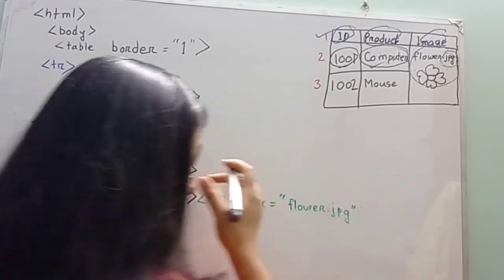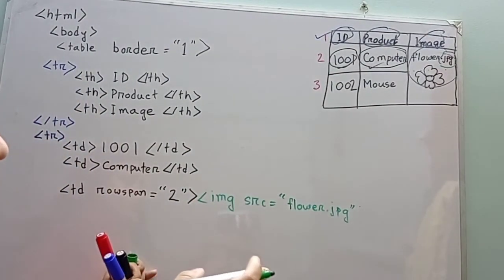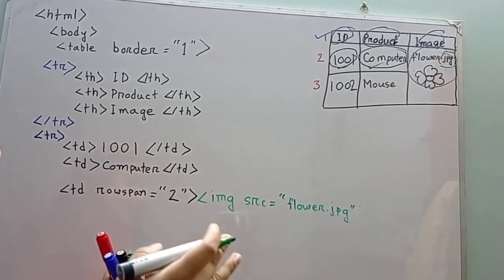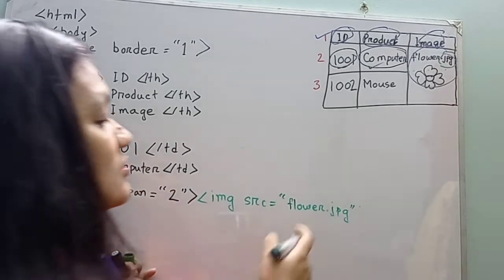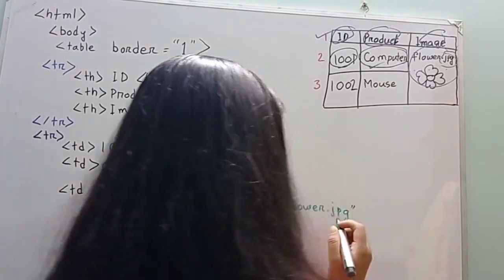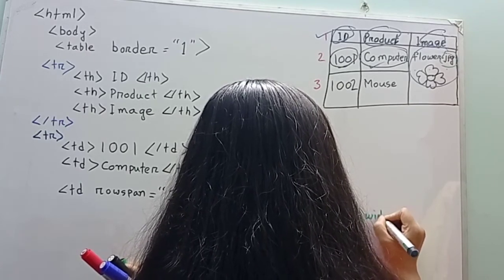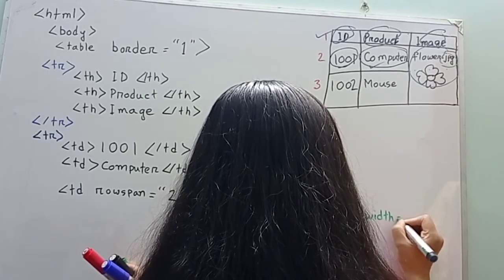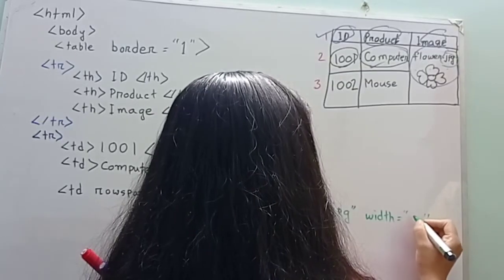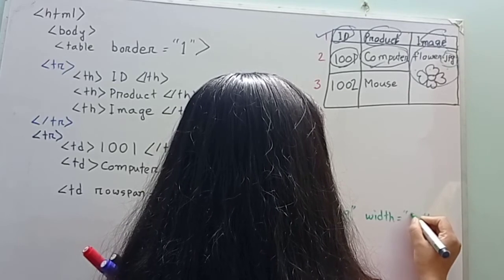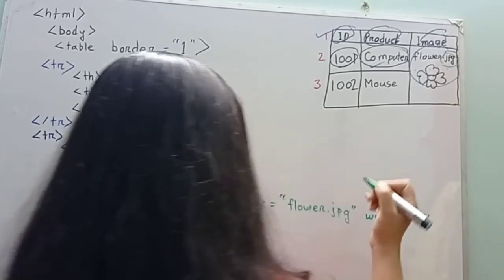As it's inside a table, you should also mention 2 extra attributes, that is width and height of the image. So I am writing here, a small space, then width, as it is another attribute, so I have to put an attribute value. Let's say I am taking width equals 150. Then another attribute, height.